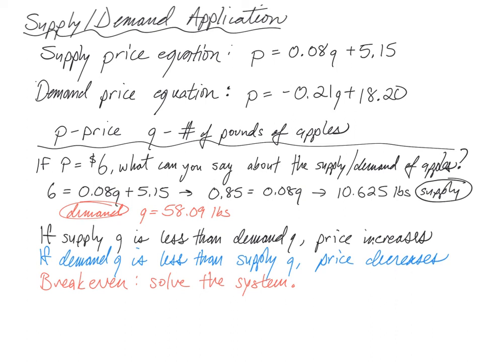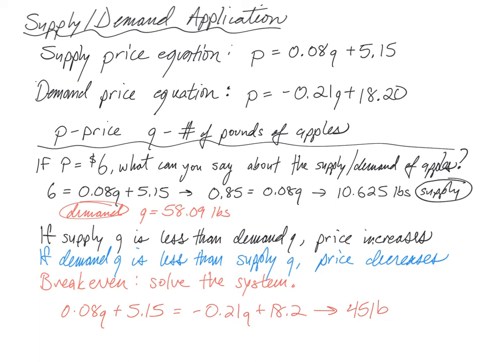So here we would have 0.08Q plus 5.15 equals negative 0.21Q plus 18.2. And so the break-even quantity that we would need here would be 45 pounds of apples.